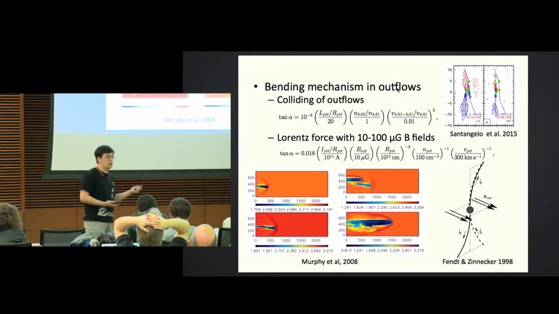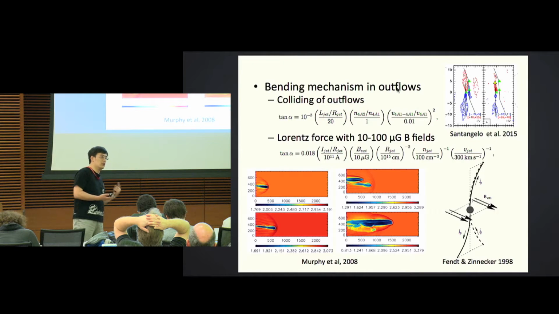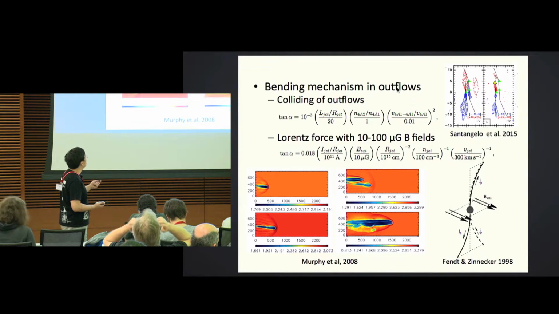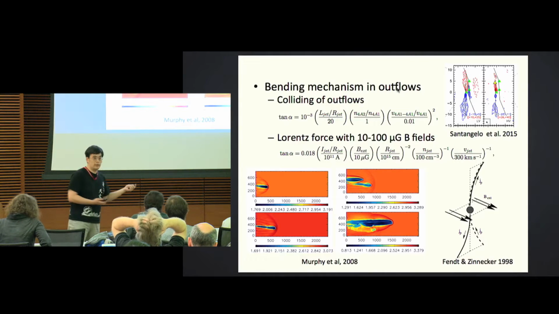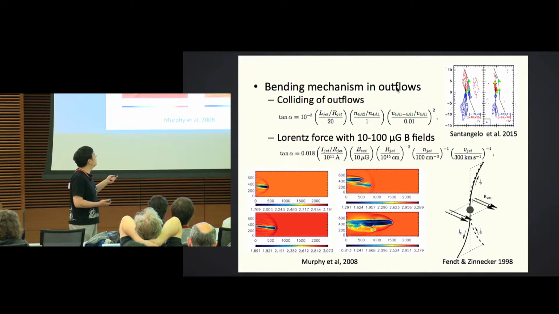So it is possible that the bending of this outflow is due to the Lorentz force from the current of one outflow interacting with the magnetic field of the other jet. If the magnetic field is about 10 to 100 microgauss in the outflow, then the Lorentz force can bend this outflow by about 10 degrees, just like what we found in our map.